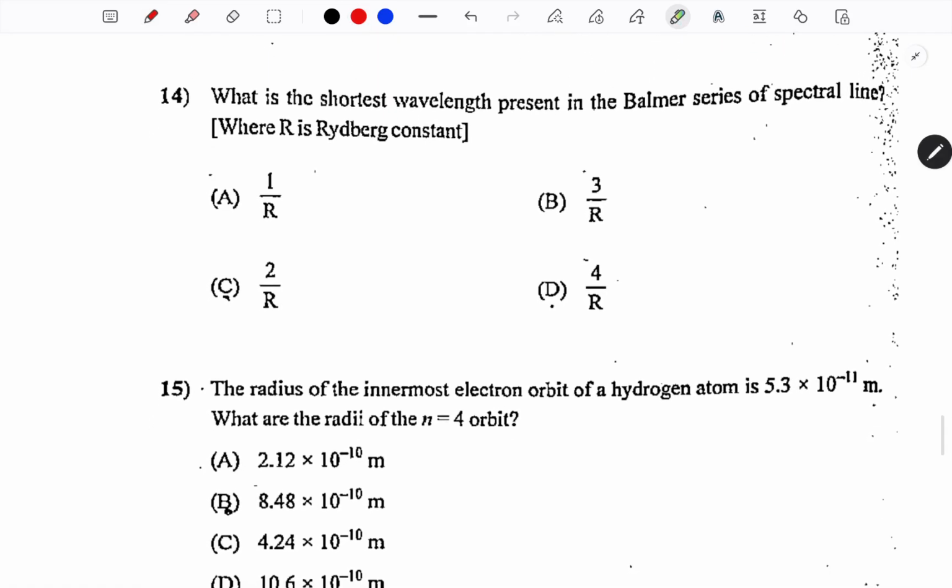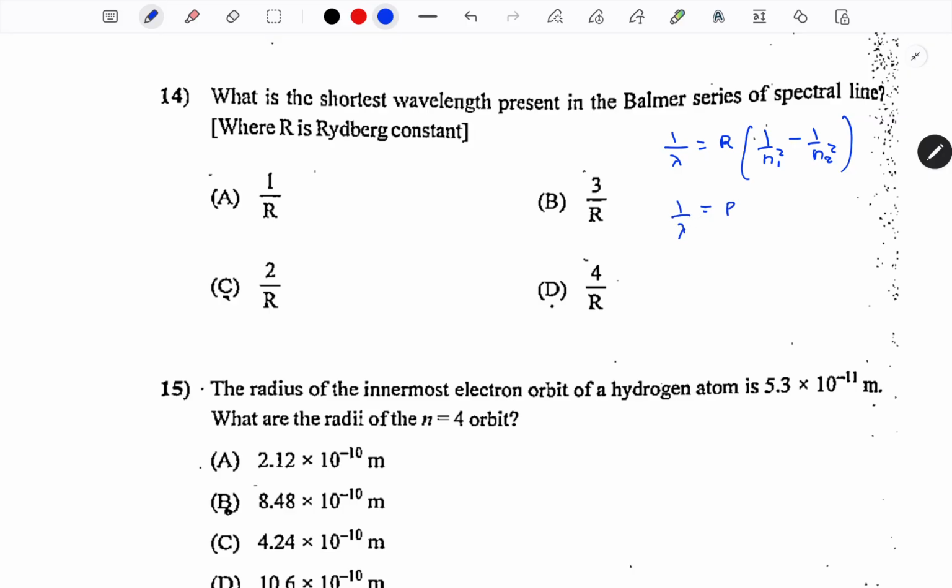Next question, what is the shortest wavelength present in the Balmer series of spectral lines? Again, this question was also asked in 2021 and 22, both the years. If you solve for the Balmer series, 1 by lambda is equal to R times 1 upon n1 square minus 1 upon n2 square, and Balmer series means n1 is equal to 2.